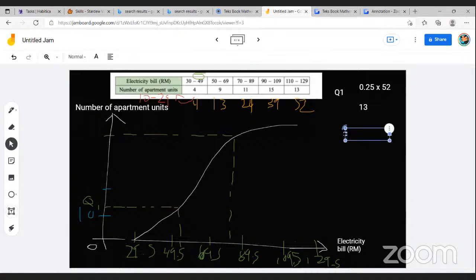The midpoint is also known as Q2, or the second quartile, which is 0.5 times the total. So 52 divided by 2, you'll get 26. So at 26, you'll find the second quartile.